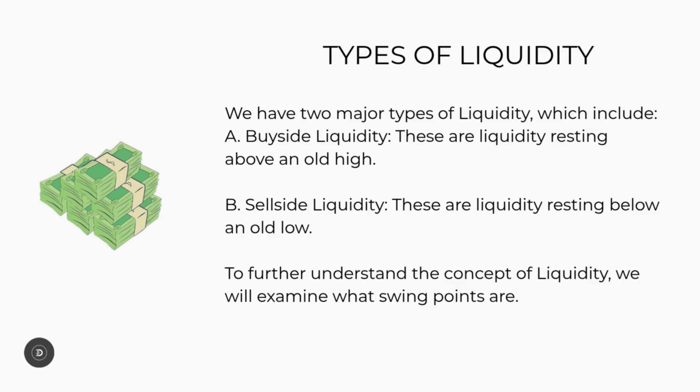So we have two major types of liquidity, which include the buy side liquidity. These are liquidities resting above old highs. And we have the sell side liquidity, and these are liquidities resting below old lows.